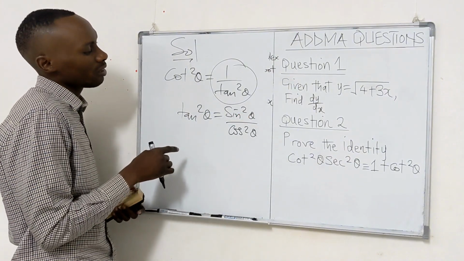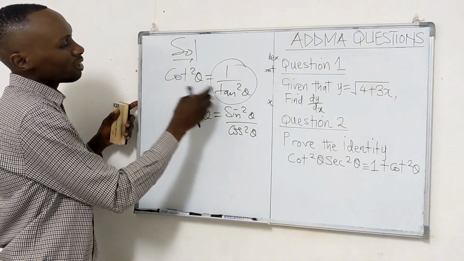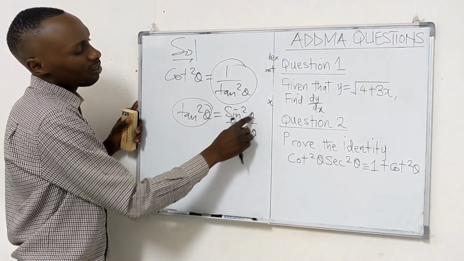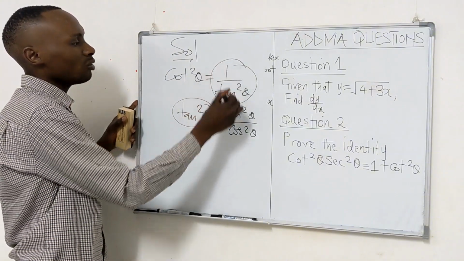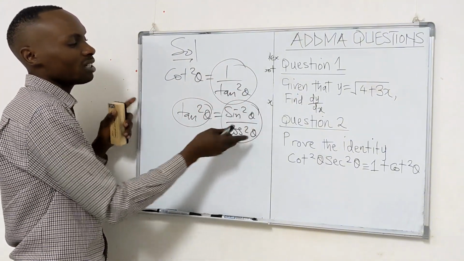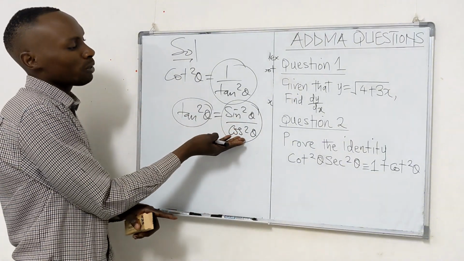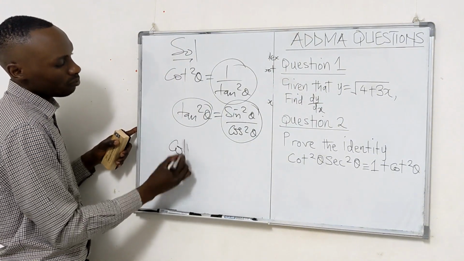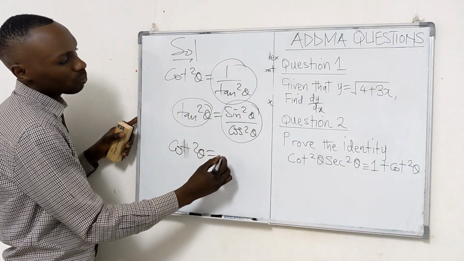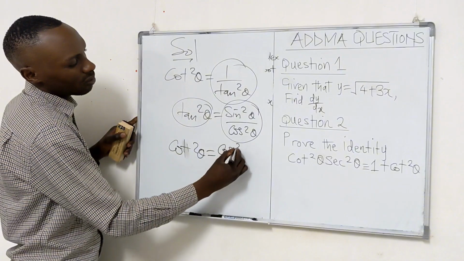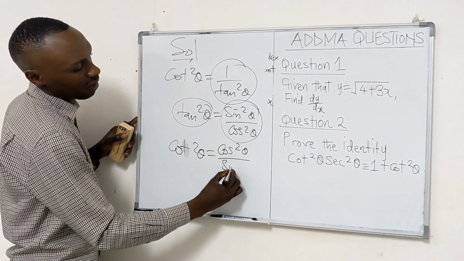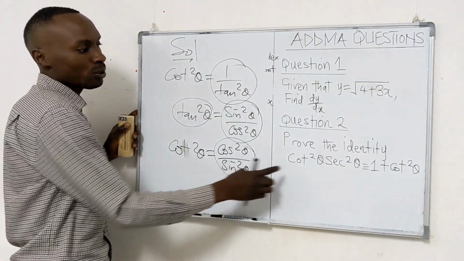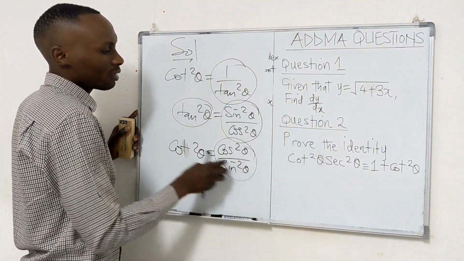So we need to know this. So meaning that if cot squared theta is 1 over tan squared theta, then it means 1 over this. What is 1 over this? This is just the inverse. We will reciprocate. So this will mean that cot squared theta is equal to cos squared theta over sine squared theta. Okay, so this is the cot.